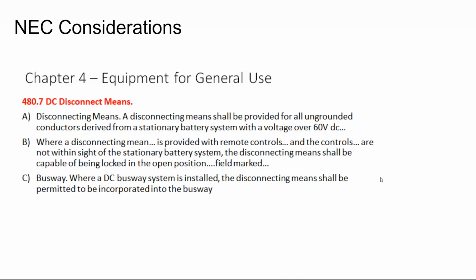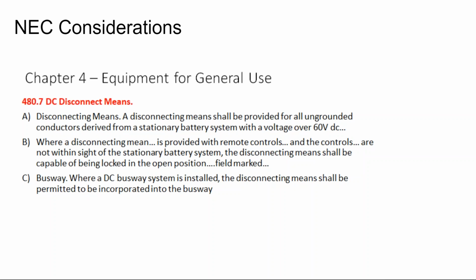All right, so disconnects. A disconnecting means should be provided from all ungrounded conductors derived from stationary battery systems with voltages over 60 volts. Or, and this gets into disconnect requirements that are very similar to solar, you have to provide that external disconnect switch when it's not within line of sight of the point of interconnection.